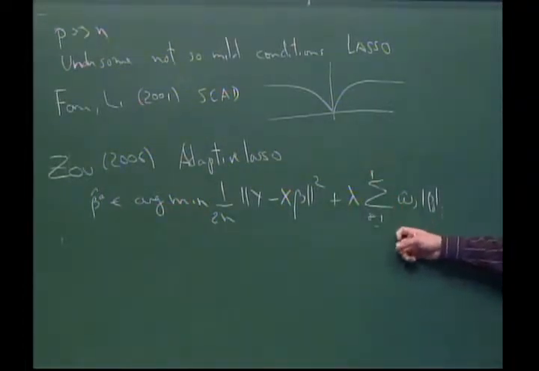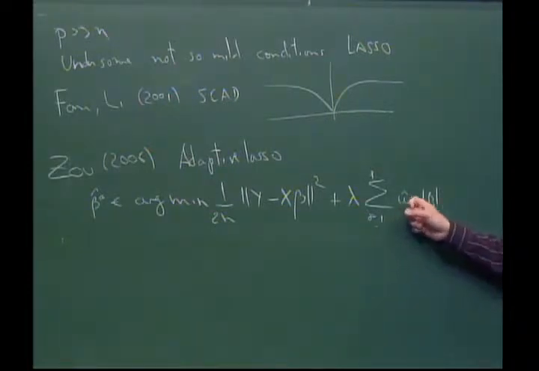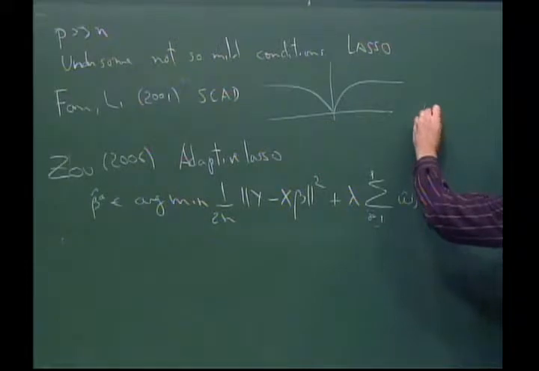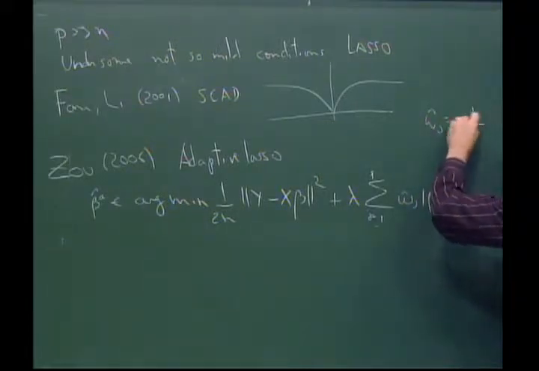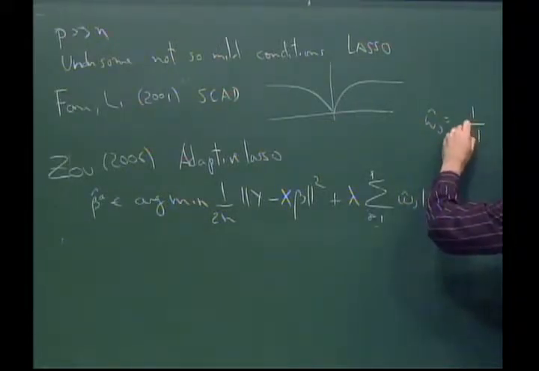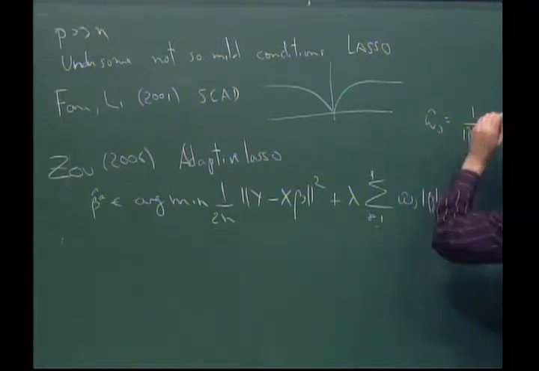Where the weights I'm going to get from a first stage estimation, let's say Lasso itself. And the weights will be essentially 1 over the Lasso estimate for that component to some power.